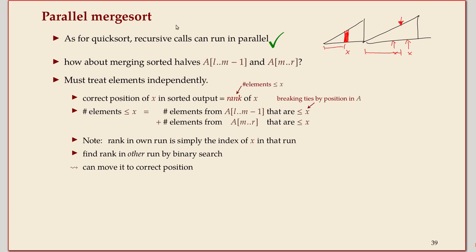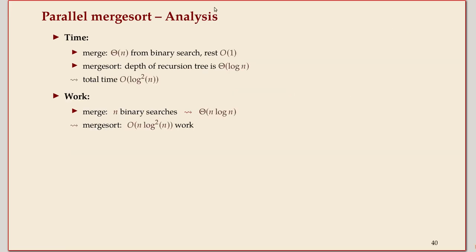And parallel merge sort uses parallel merge in the same recursive call as we've seen for Quicksort. So let's briefly see how much time that takes. I don't think binary search takes linear time. I would rather have this be log n.